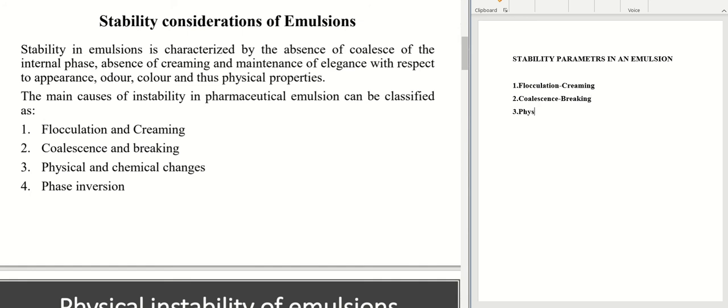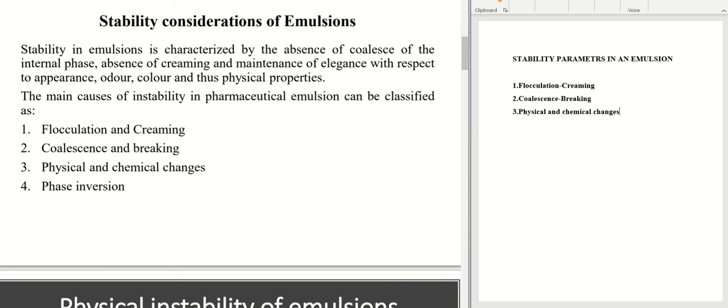And the other instability consideration includes physical and chemical changes. The name itself indicates that there will be some changes that occur in the formulation of an emulsion.